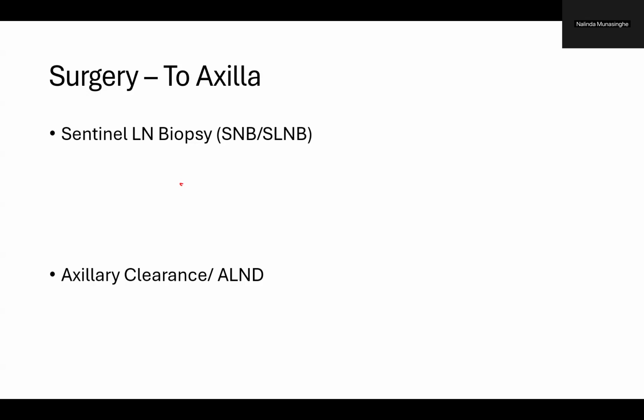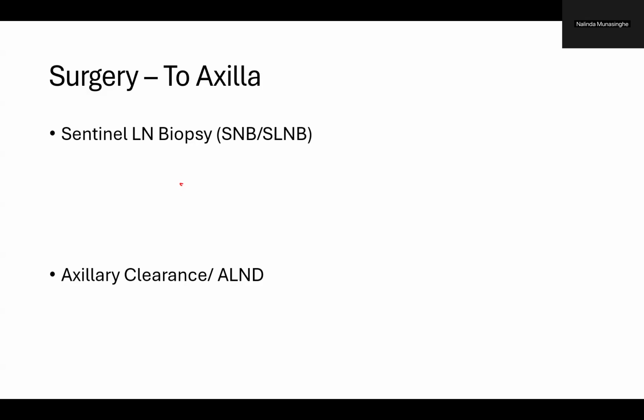So that is very significant, isn't it? And apart from the lymphedema itself, it's the heaviness and the discomfort that the patient carries, and the recurrent infections. And also chronically, they are at risk of developing lymphangiosarcoma of the limb. And the range of movement of the ipsilateral shoulder joint also goes down, right? So a lot of morbidities come hand in hand with the axillary clearance.